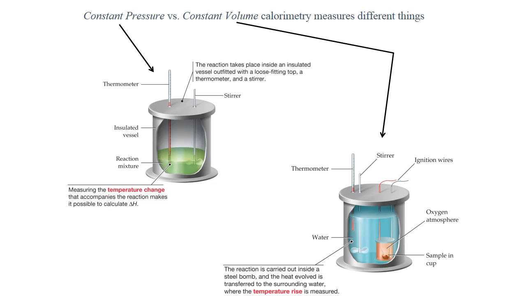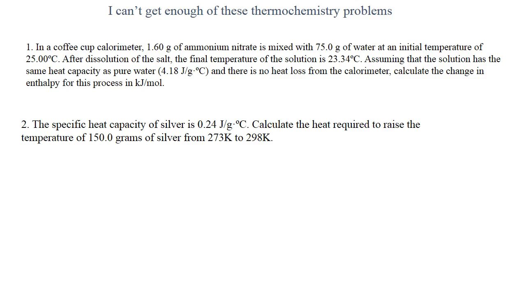We are not going to be doing any kind of bomb calorimetry this semester or this entire year. But if you continue as a chemistry major and you take physical chemistry, then you will probably do constant volume calorimetry in second semester of PChem. Now we're going to do a couple of practice problems here just to make sure everybody knows how to do these.